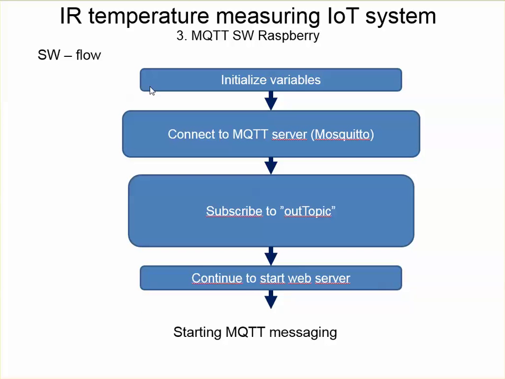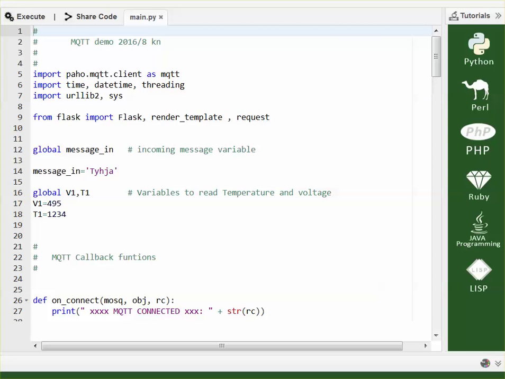Let's first look from the code side at how this initialization and the start functionality is done. First, there are these libraries that we have to include here. This is the Paho MQTT client, and then there are some timer functions, and this web server function. This Flask server is the web server functionality.